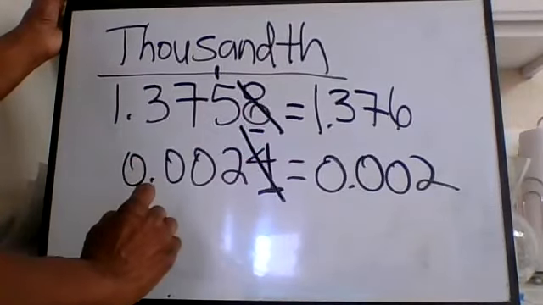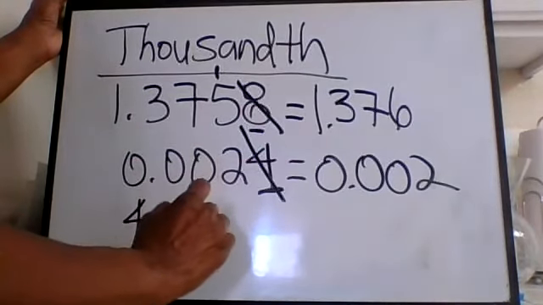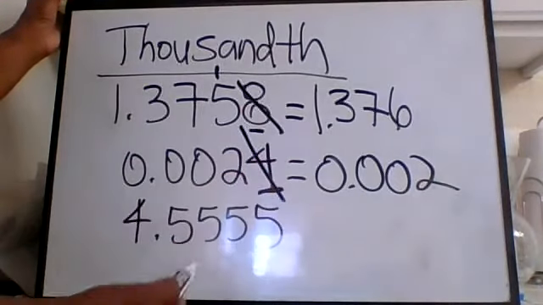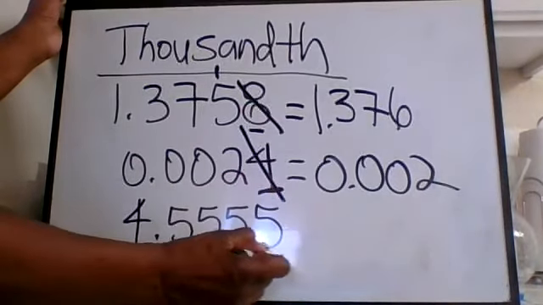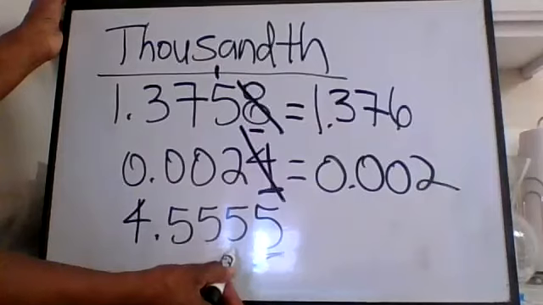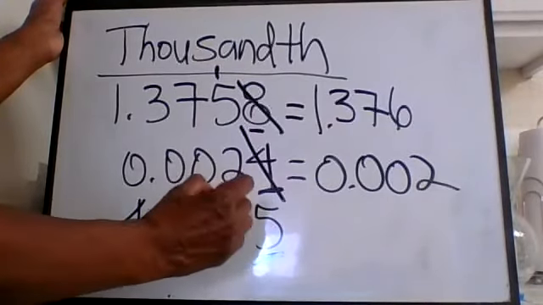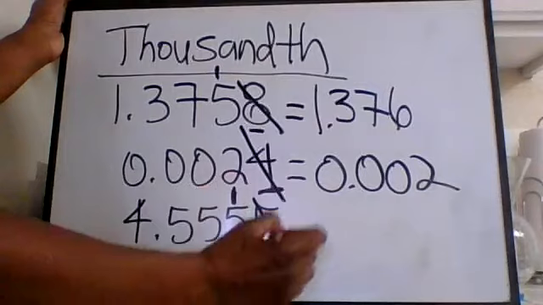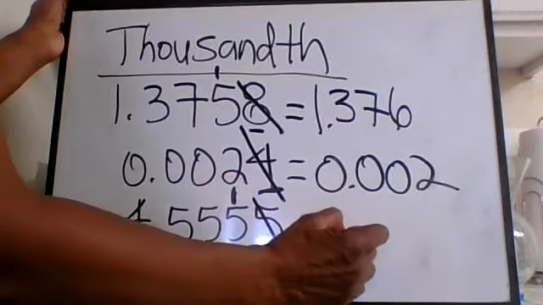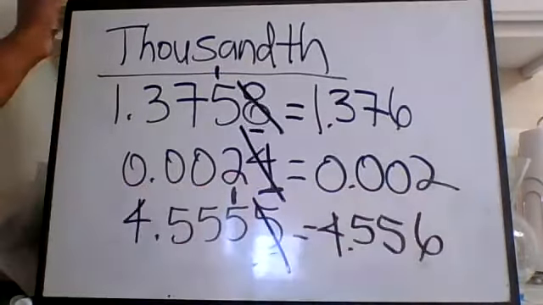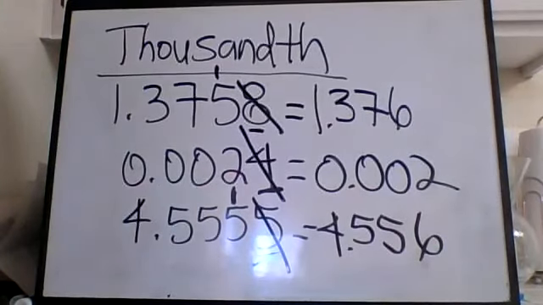Let's try 4.5555. We're looking at the ten-thousandths place because we're rounding to the nearest thousandth. This number is 5 or greater, so we add 1 here. This comes off. So now it's 4.556. That is very easy.